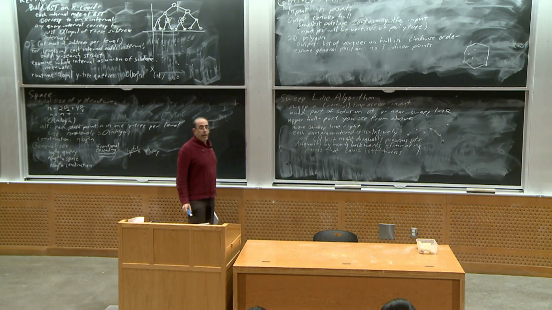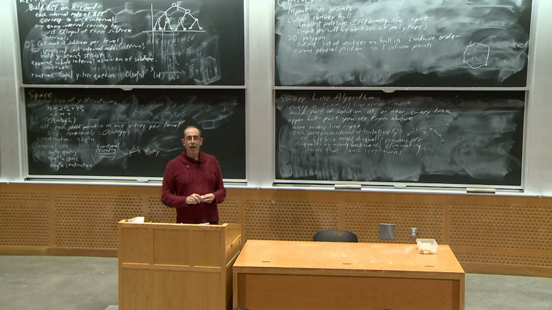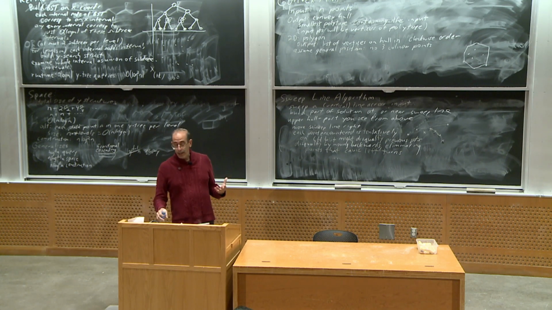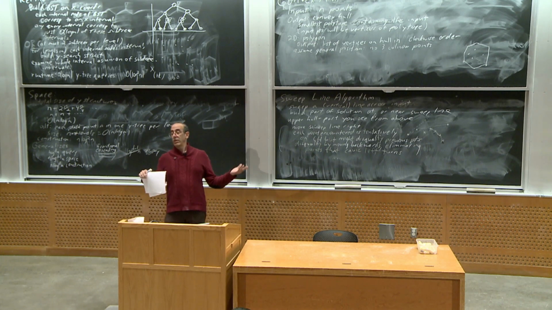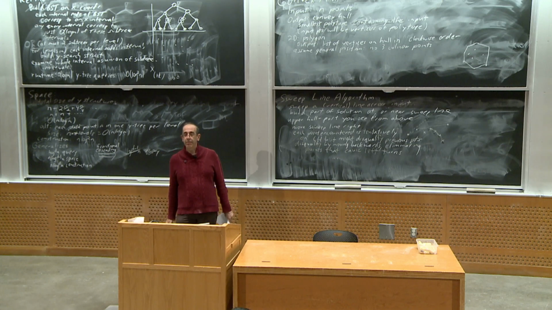Right? And for each point that is eliminated, we have proof that it's not part of the convex hull and should be ignored. On the other hand, any point that does not get eliminated, there's no proof that it's not on the convex hull because, in fact, it is on the convex hull.